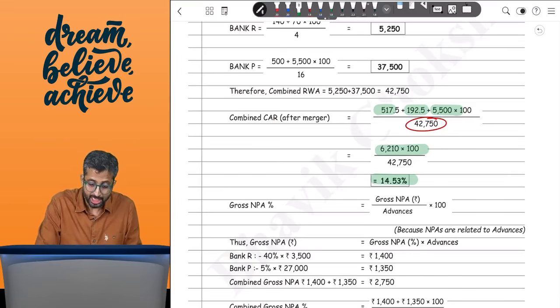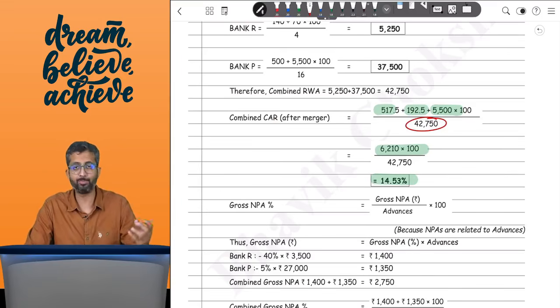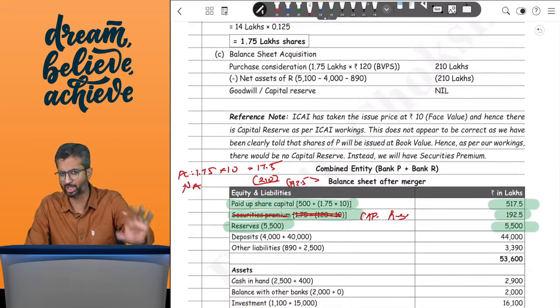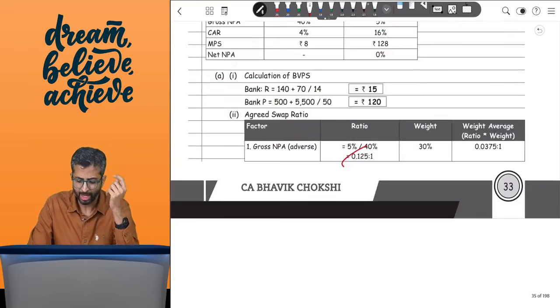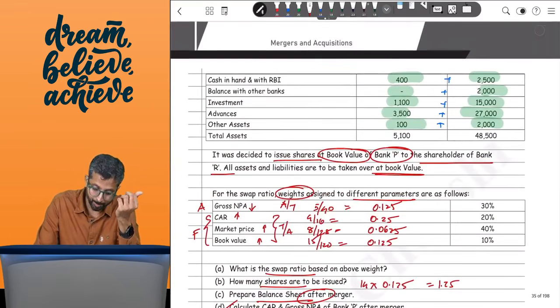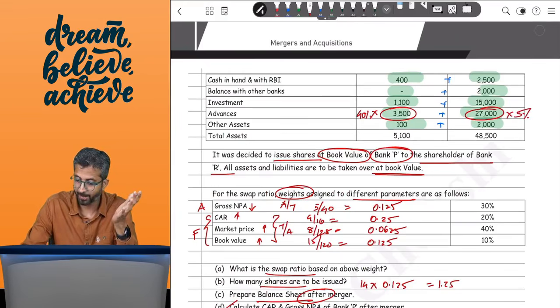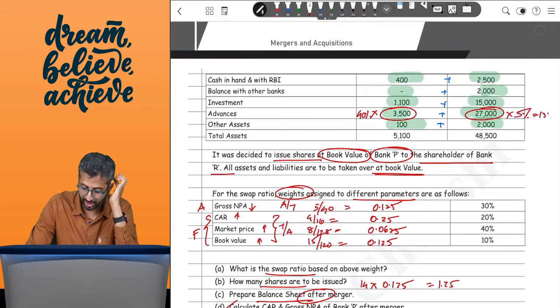Similarly, the second part says gross NPAs in percentage. Now, NPAs are a percentage of advances, not of total asset, not of risk-weighted assets. They are a percentage of advances. Now, I have the advances pre. This is 3,500, but the NPA here was 40%. 27,000. The NPA here, I think if I'm not wrong, was 5%. So this is what 1350.